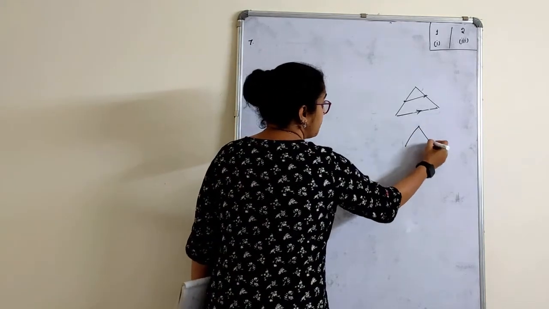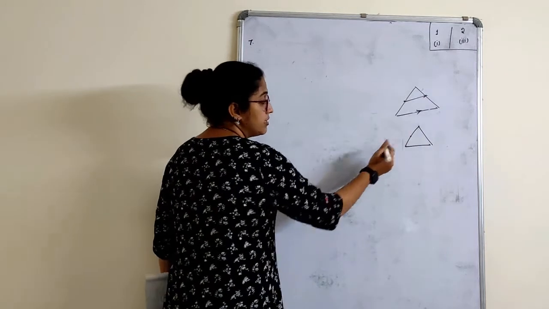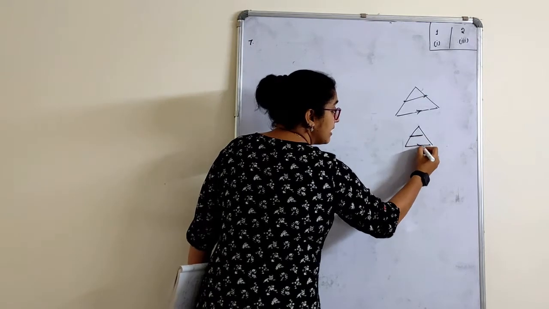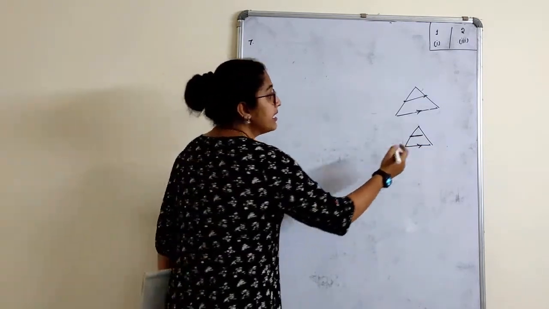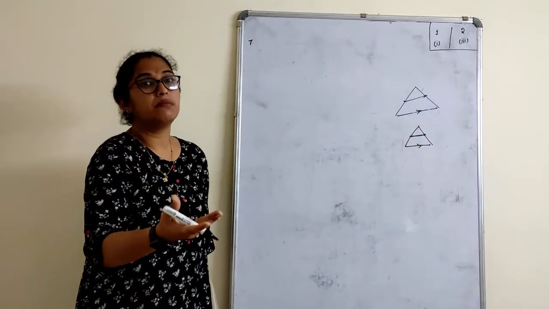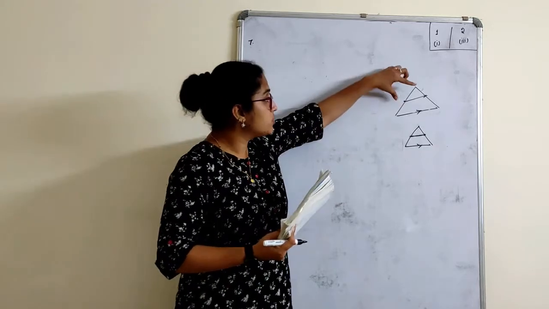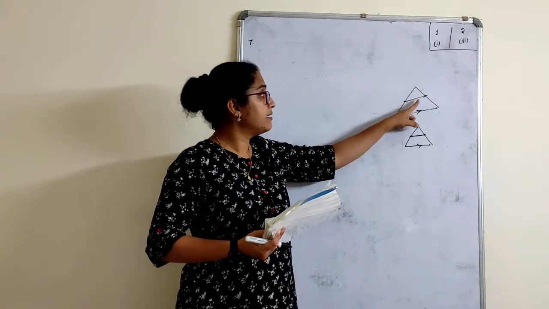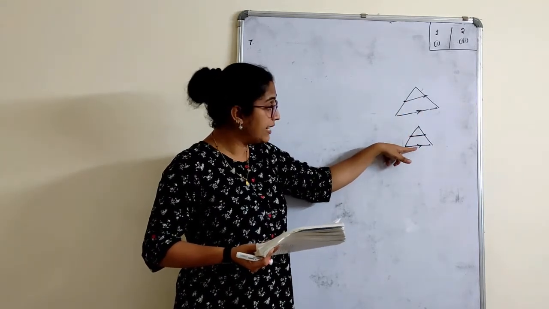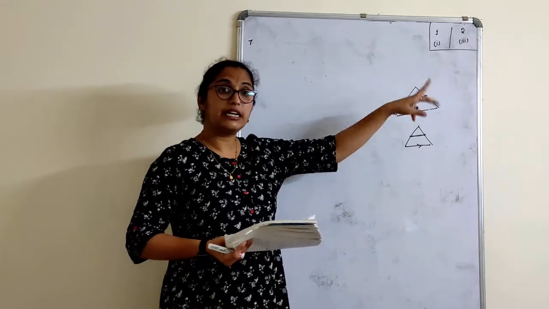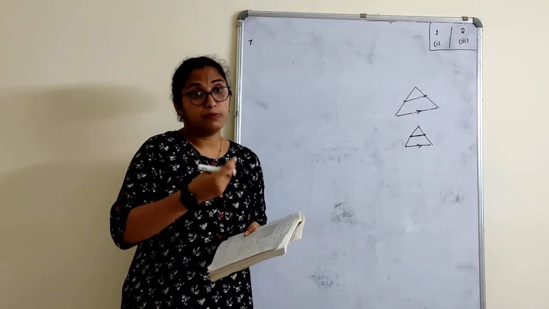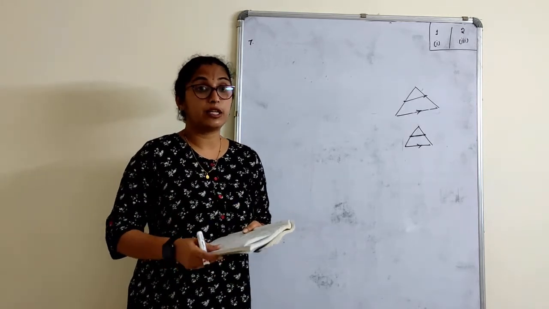What was the converse? If a line is drawn from the midpoint of a side of a triangle and that line is parallel to the third side, it also divides the other side equally. That was the converse of it, right? Here we have to prove both the midpoint theorem as well as its converse with respect to BPT.